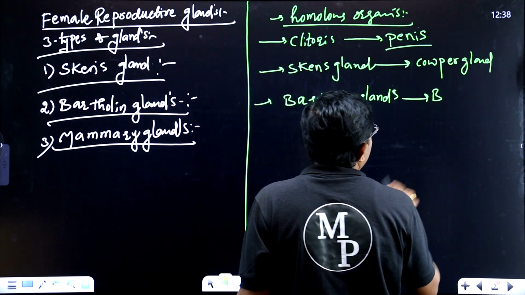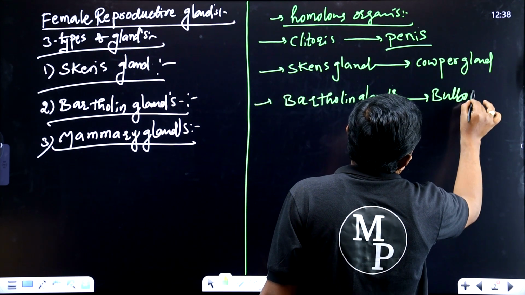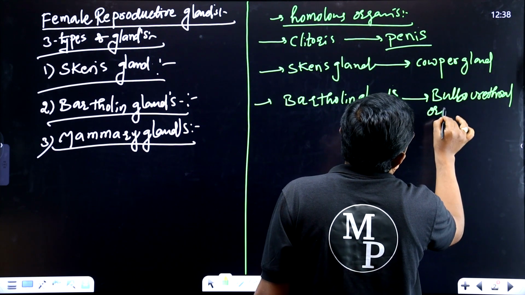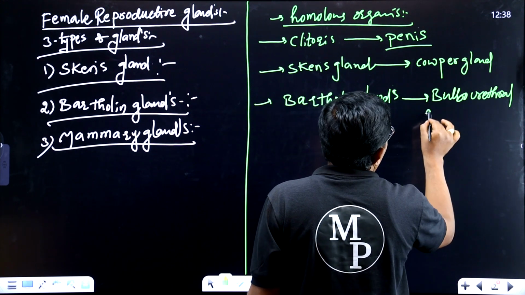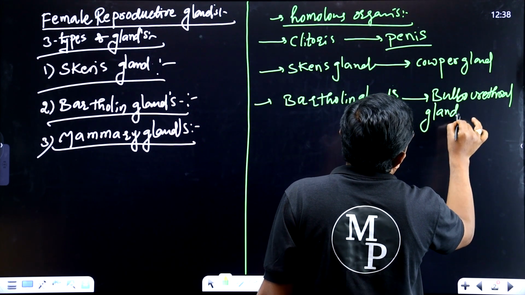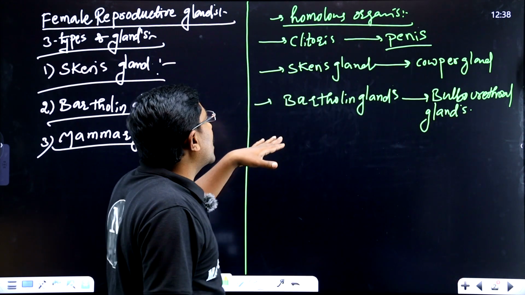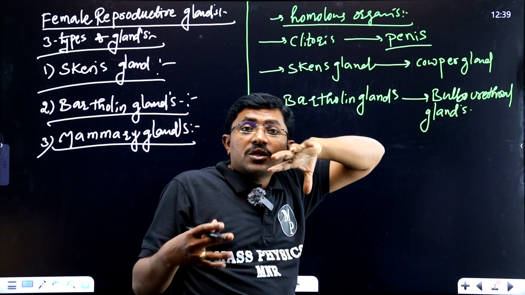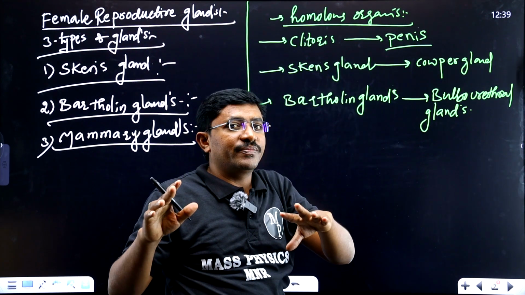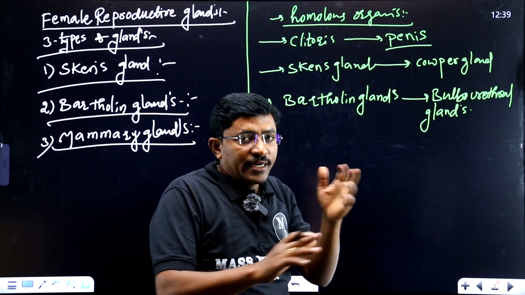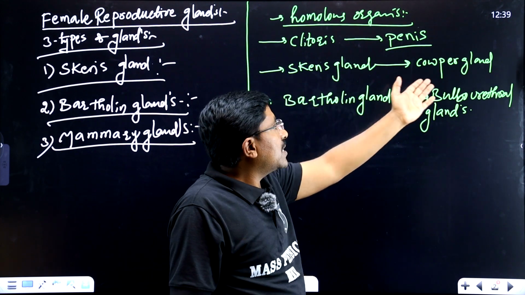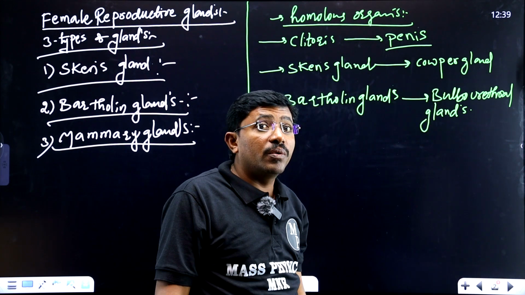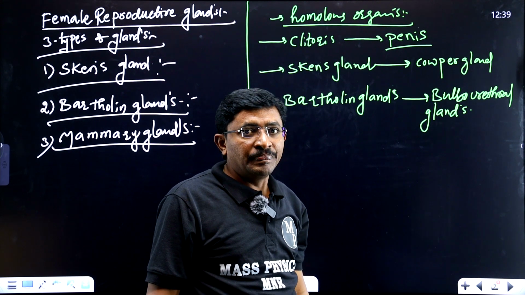The clitoris is homologous to the penis because structurally they are made by the same tissue, but functionally they are different. Skene's glands are homologous to Cowper glands, and Bartholin glands are homologous to bulbourethral glands in the male reproductive system.